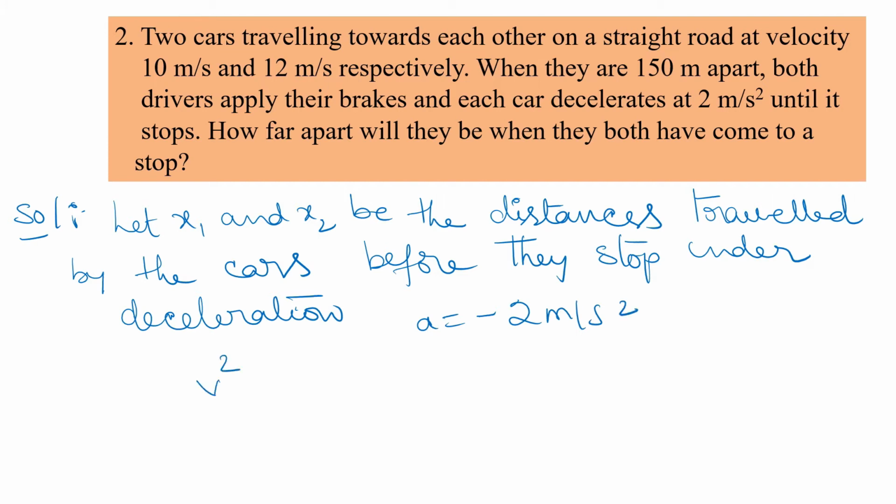So from the third equation of motion, v square minus u square is equal to 2as, that is v square is equal to u square plus 2as.